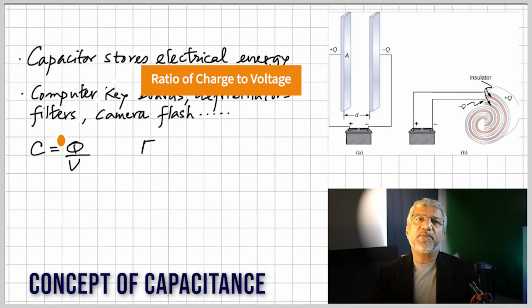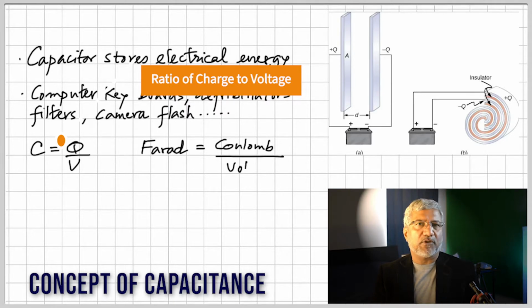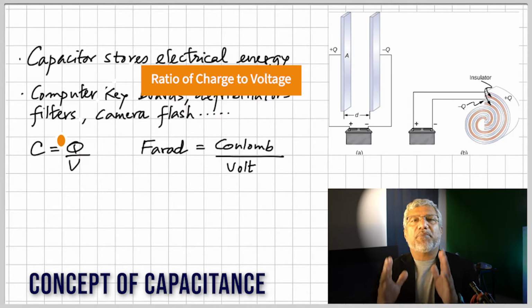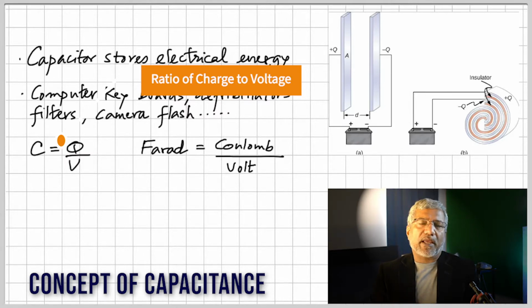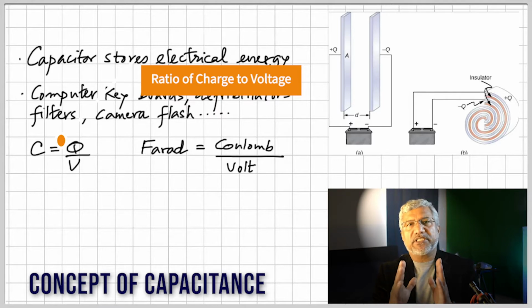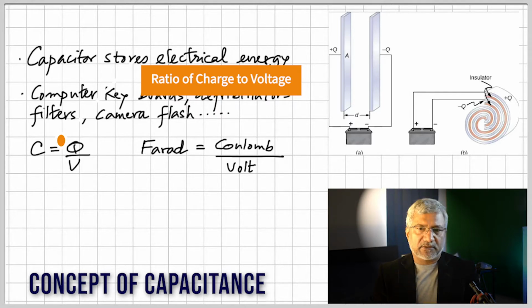The basic formula of capacitance is the ratio of charge to the voltage. So Q is the charge given to the parallel plates, and V is the voltage between the plates.